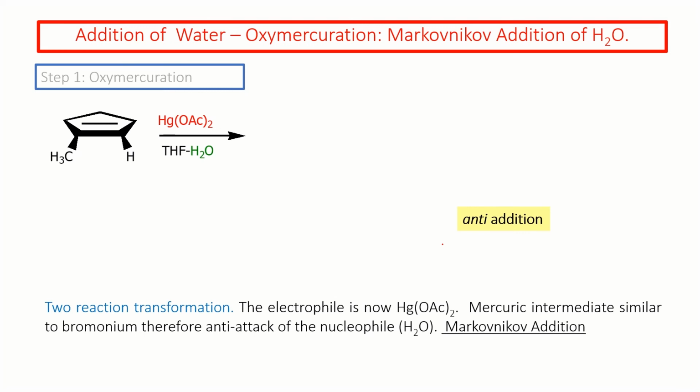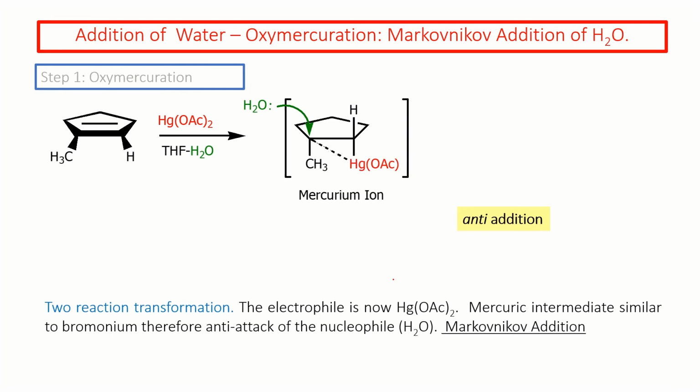On the other hand, the mercuration process is a mild one. In addition to this, when we use mercuric acetate, we realize a species similar to the bromonium, so the possibility of a rearrangement is not there; we don't get a carbocation that can rearrange.